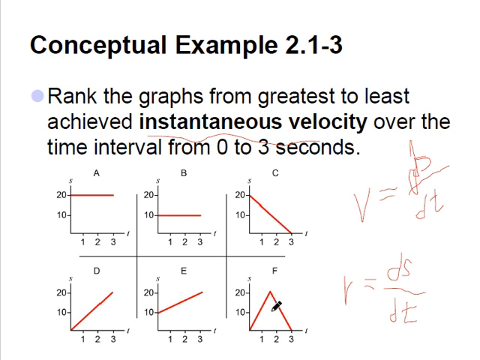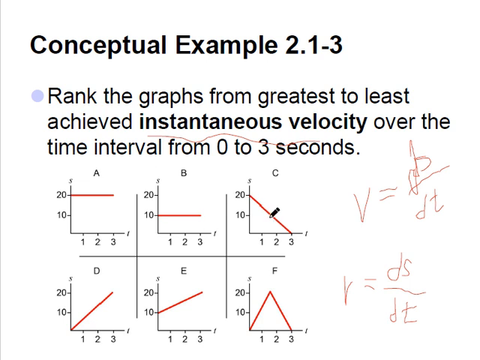So it's going to have the greatest instantaneous velocity at that point, from 0 to 3, bang. All right, the next one, when you look at the slope, we're going to see D, and it's a positive slope.